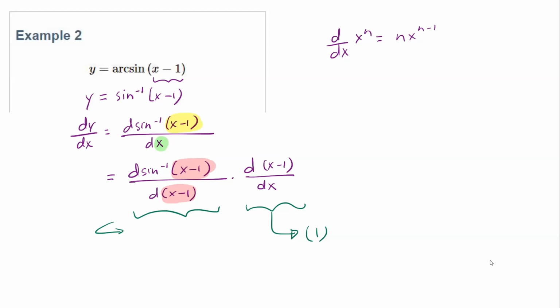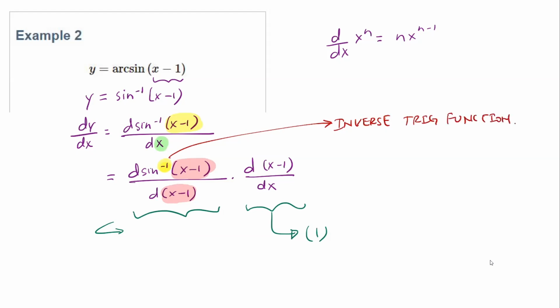So the answer will be 1 for the second half. The first half is kind of new to us because it has -1 on its power. That means it is an inverse function, right? So you have to recognize this as an inverse trig function.